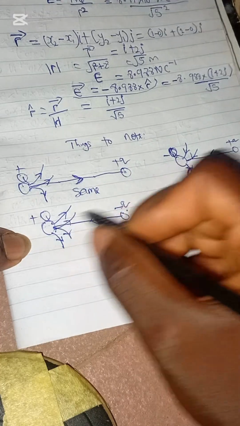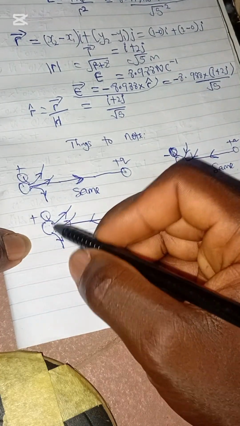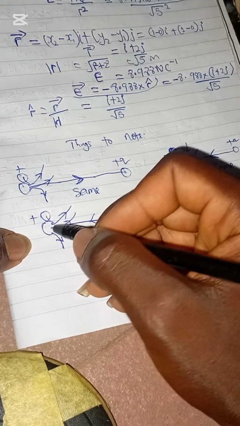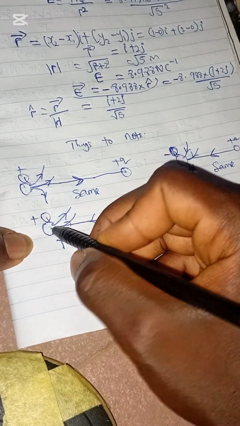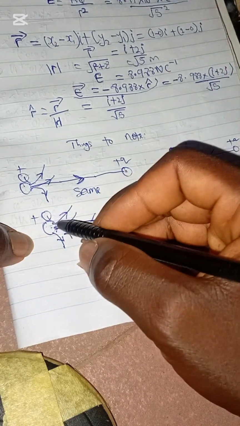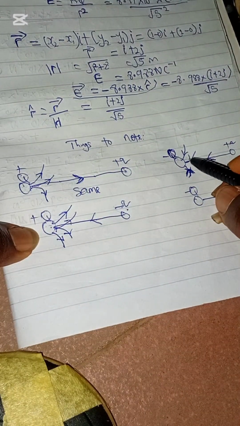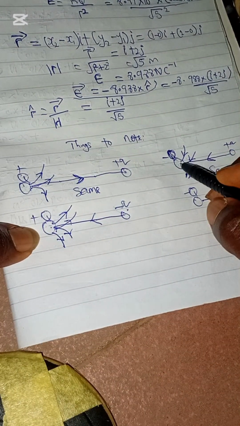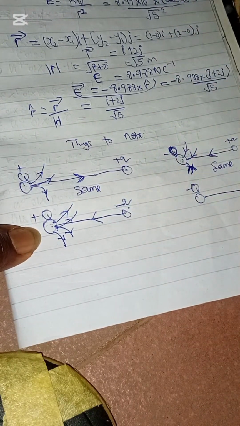So the direction of the force exerted on the test charge is in the opposite direction to the field. Always relate the field to the source charge, not the test charge. You can see I'm not drawing any field here that is inward or outward. I'm using the source charge for the direction of the field. Relate your field to the source charge, while the force exerted should be on the test charge.